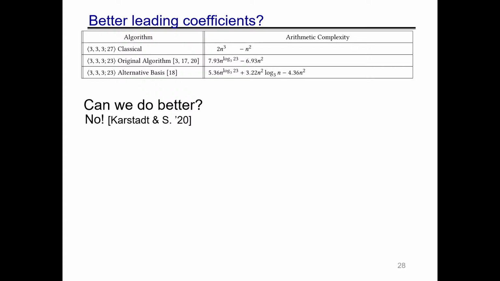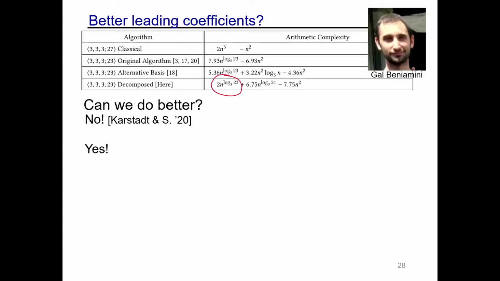Can we do better? The first answer is no, and we had the lower bound proving that you cannot improve the alternative basis if what you want to do is reduce the number of linear operations. But then in work with Gal Bignamini, we showed how to reduce it to 2.